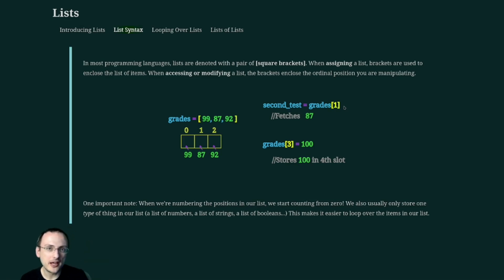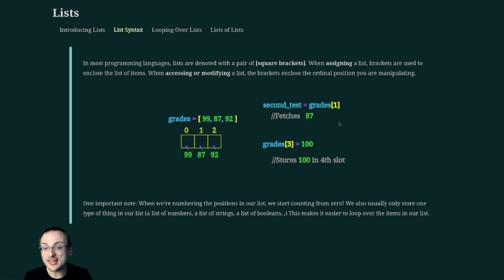But remember, anywhere that I can put a literal number, like the number 1 here, I could also put a variable that gets evaluated. So I could say input, hey user, enter me a number, and then I'll get back some number from the user. Say I store it in a variable x, cast it to an int, use parse int, and now I've got a number x. I could say grades, square brackets, x.